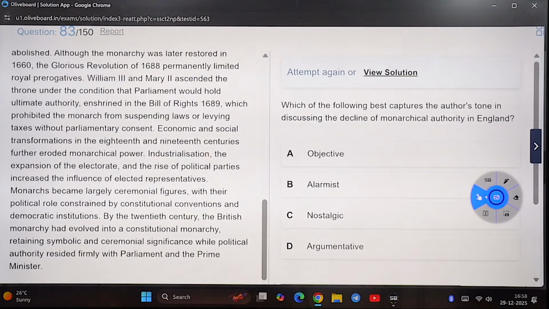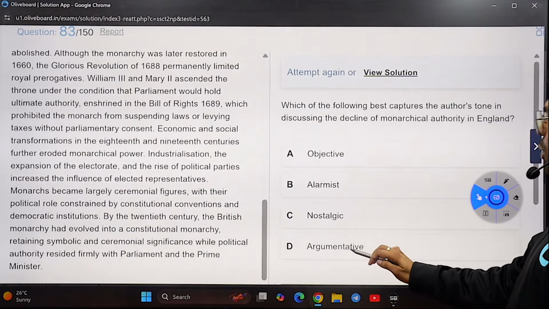The tone of the passage. Chivalrous. If you say D, that means the author is arguing against something.